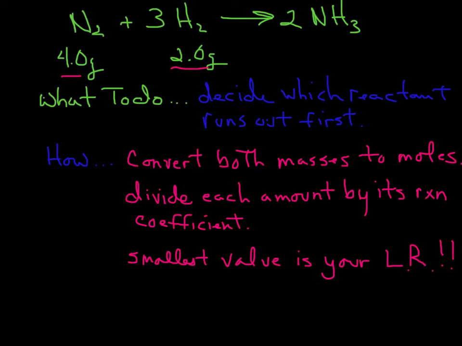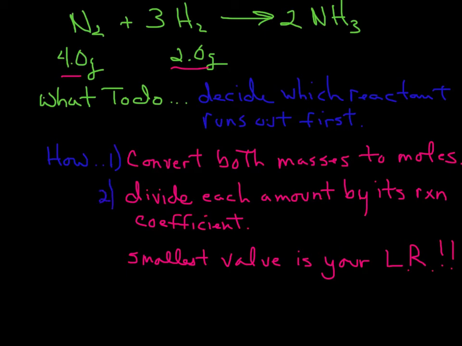There are three simple steps to do this. The first one, convert both masses to moles, which we know how to do. We've done that. That's kind of the first step of a mass-mass stoichiometry problem. So I'm going to use my periodic table, use the formulas, calculate the molar masses, and convert them to moles.